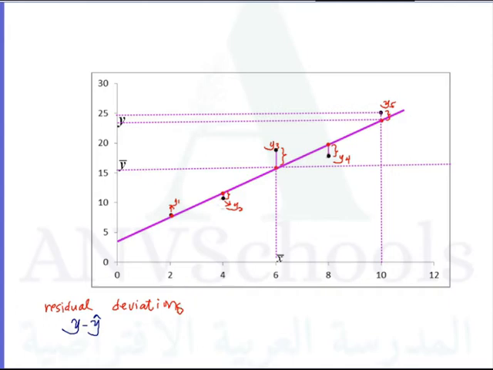Now to analyze how these residual deviations fit better as a linear function for these given points, we are going to evaluate the squares of these deviations with respect to the mean and with respect to these residuals.